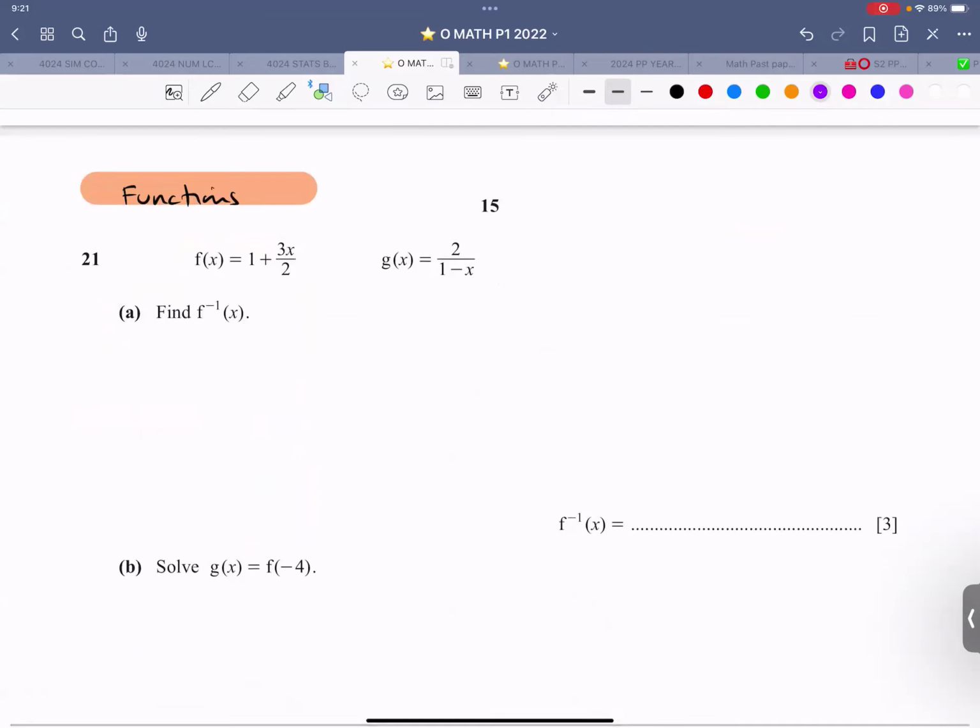Question number 21, this is about functions. Find f inverse x. Let y equal f(x). Therefore, f inverse y equals x. So y equals 1 plus 3x over 2.